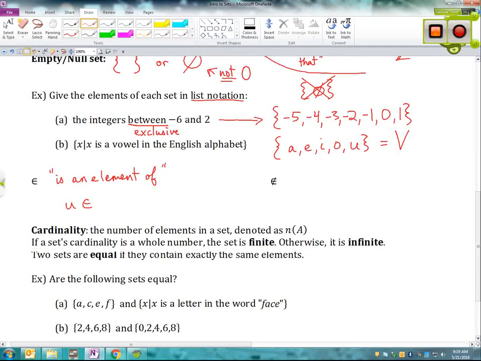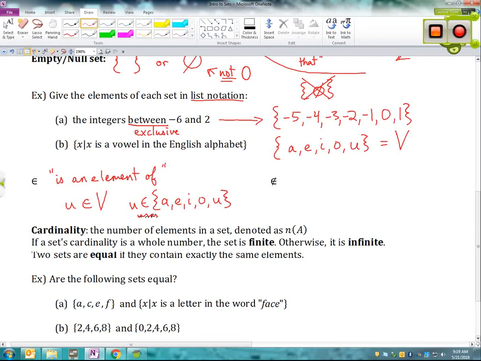And so I'm going to say U is an element of V, okay? Or it could be written just without the label at all. U is an element of A, E, I, O, U. And I could write out the whole set there. But so that symbol right here means is an element of or is in the set of, okay?